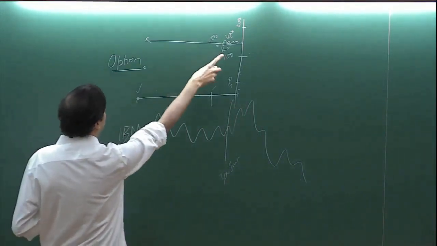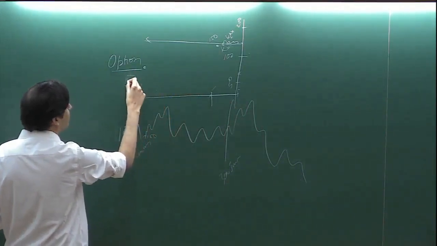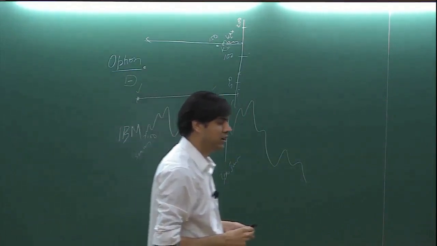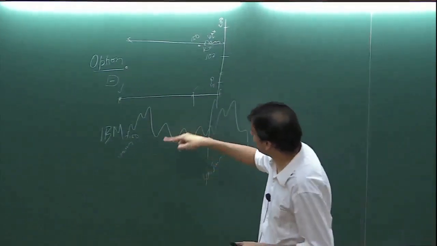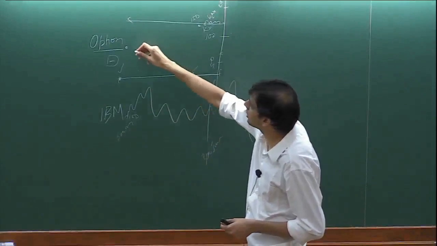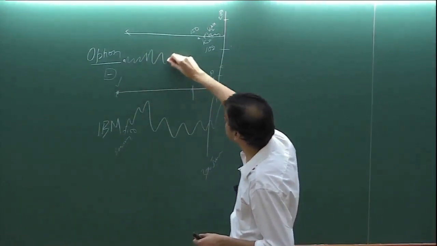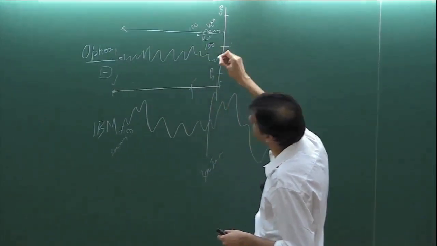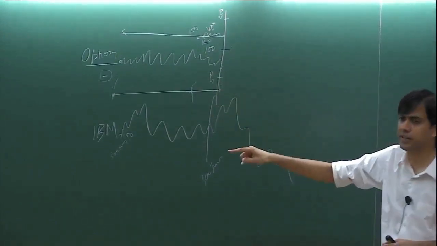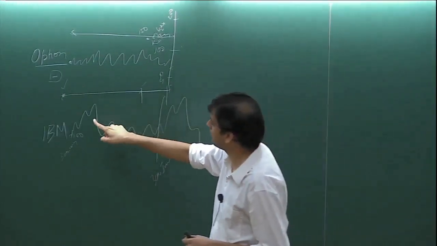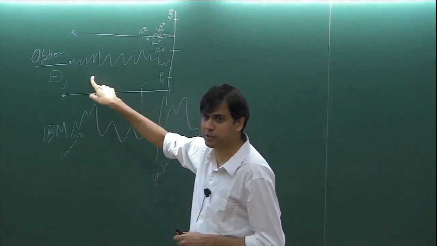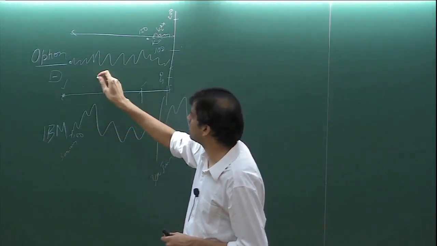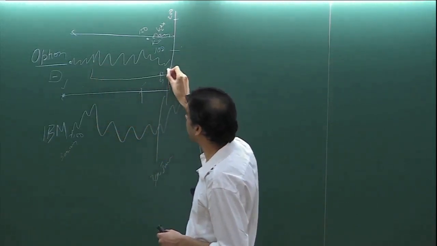So at this point it was 50 and so on, and then here there will be an option value, right? So all through this fluctuation of the IBM stock, the price of the option would also be changing, right? And you want to find what is the relationship between the price of the IBM stock and the option price, while also accounting for what is the time to maturity, right?